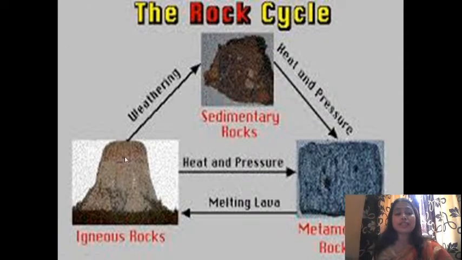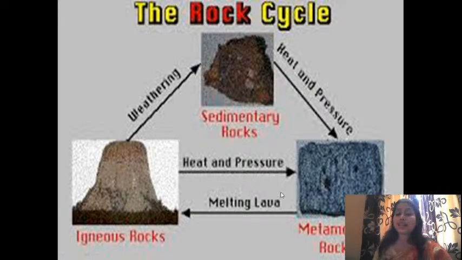Like here you can see in this diagram, igneous rocks change into sedimentary rocks and metamorphic rocks. Then sedimentary rocks change due to heat and pressure into metamorphic rocks. Then metamorphic rocks become lava and change into igneous rocks.